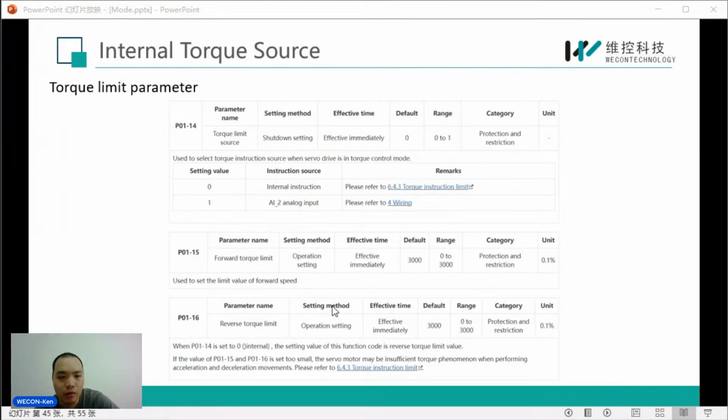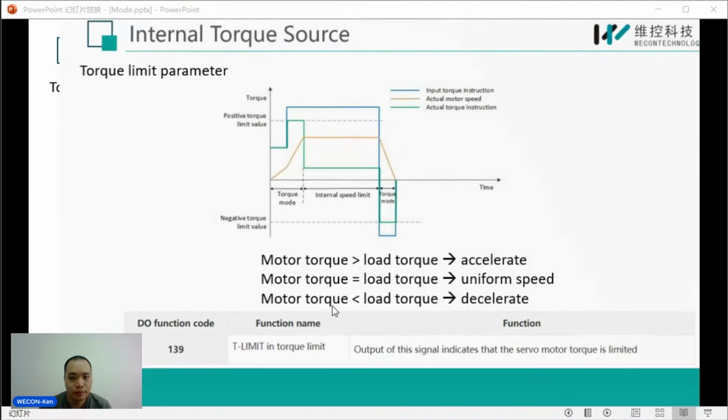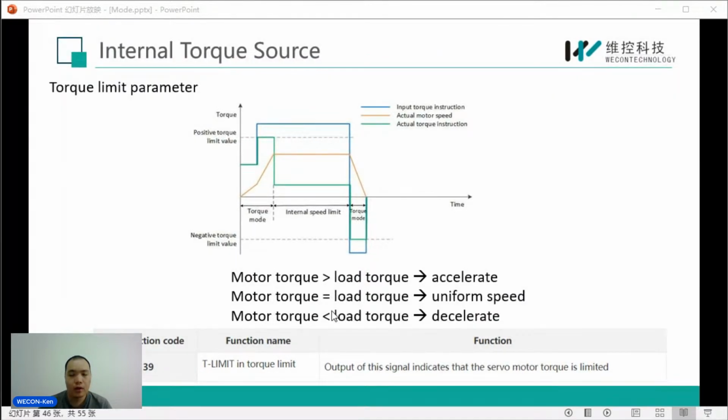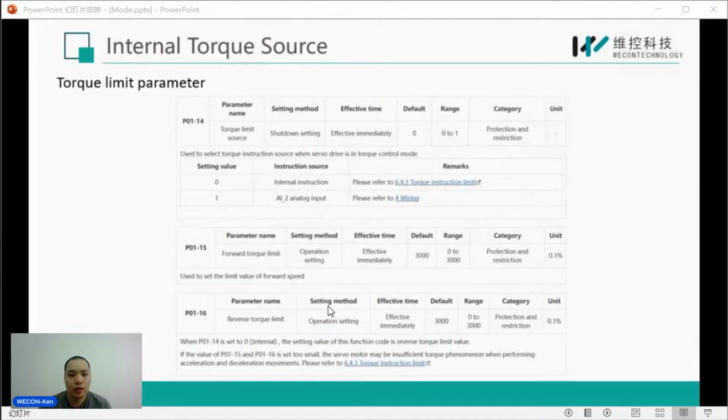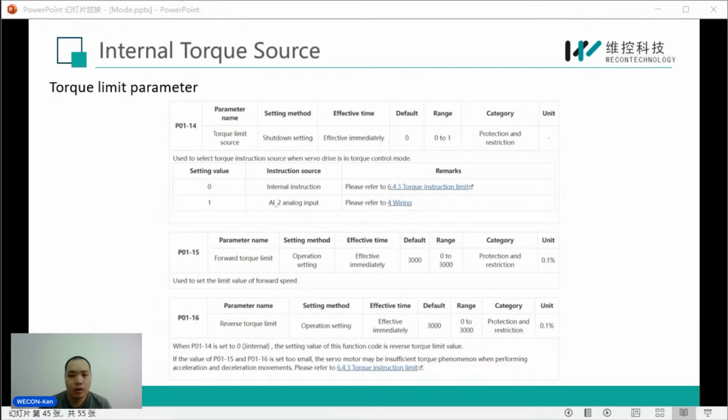Analog input is rarely used. And after we set P1-14, we need to set these 2 parameters: forward and reverse torque limit, and the unit is also 0.1%.